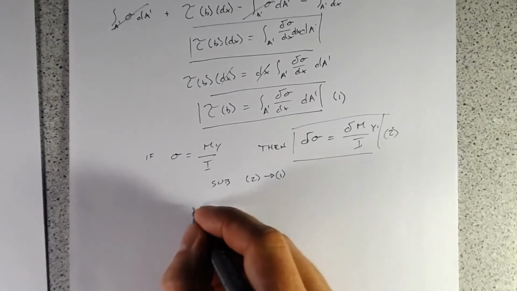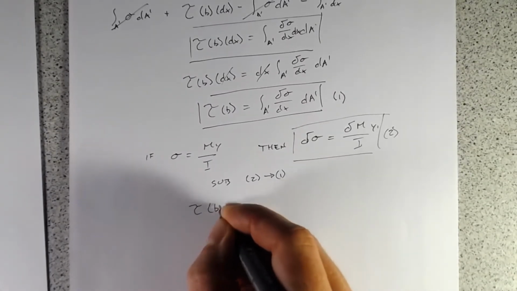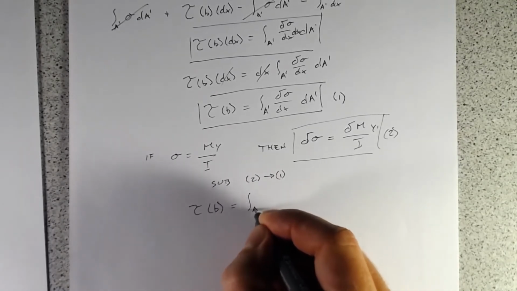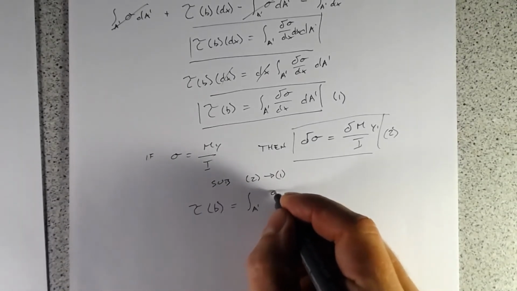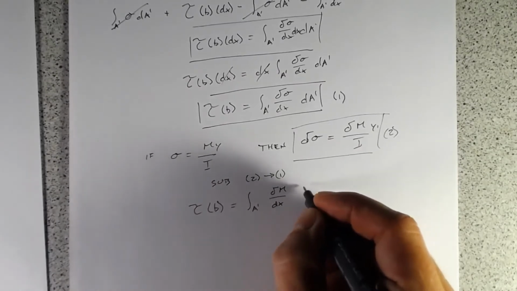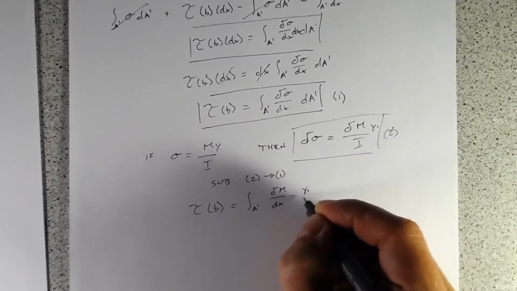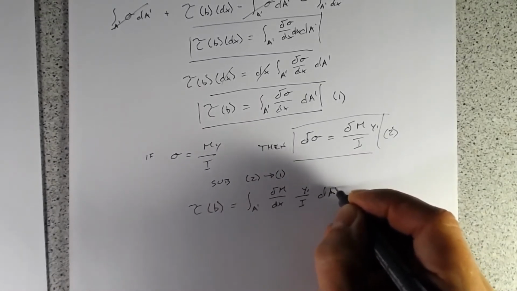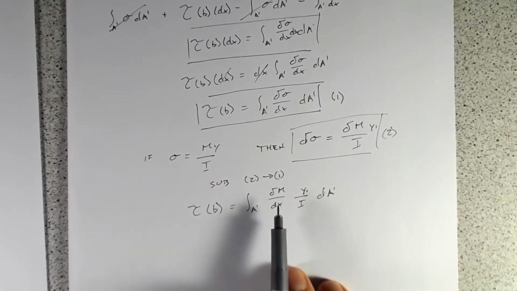And that gives us tau times the width equals the integral over A prime of delta M over delta x, y over I, dA. Now here's another interesting one.